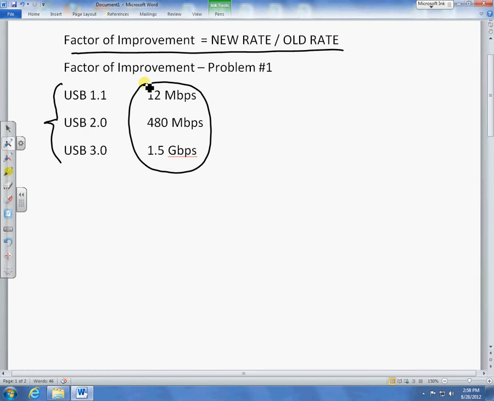Let's compare USB 2.0 with USB 1.1. This is a really easy problem because we can just put the new rate and divide it by the old rate. Let me get the units correct here.